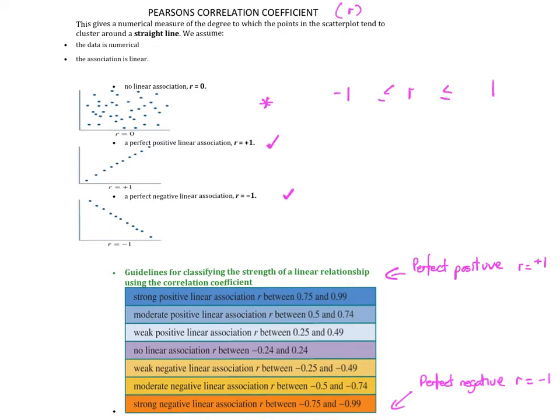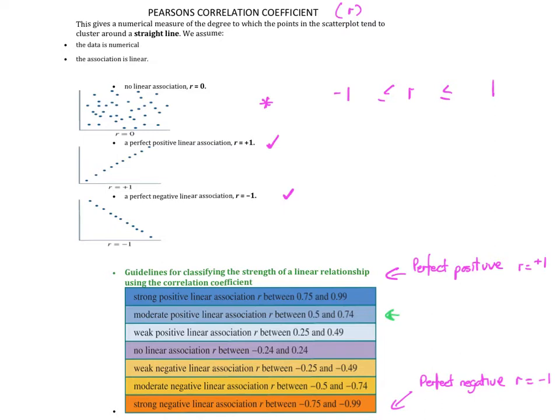Let's give an example. If I got an R value of 0.53, you can see that that would be in this area here, and therefore we would be able to say that there was a moderate positive linear association or relationship with the data.